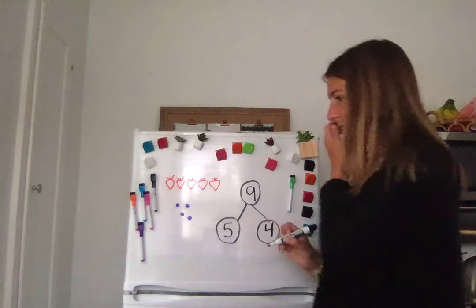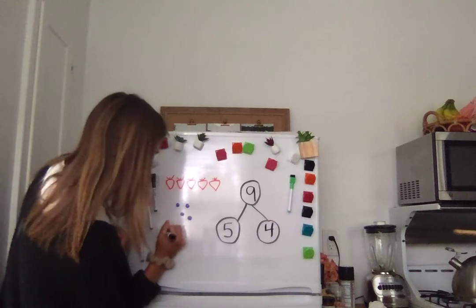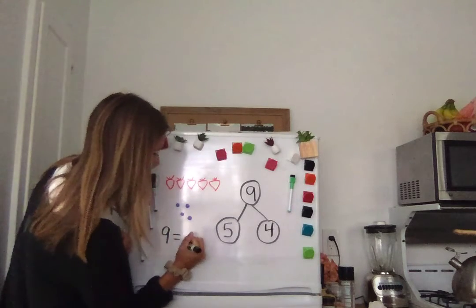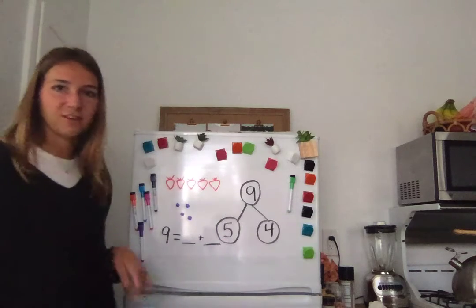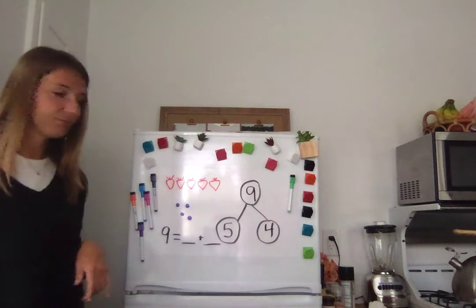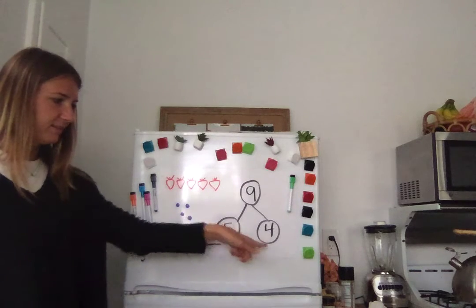Now, I want you to try to fill in this number sentence for me. I'm going to give you some blanks. I want it to start like this. 9 equals blank plus blank. Can you fill that in on your board? 9 equals blank plus blank.